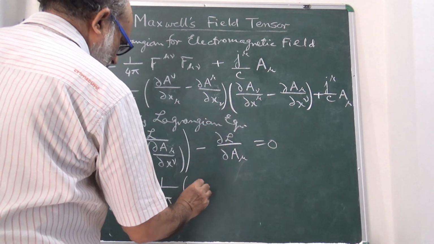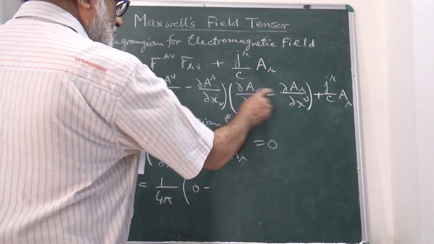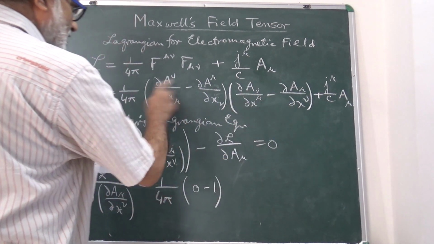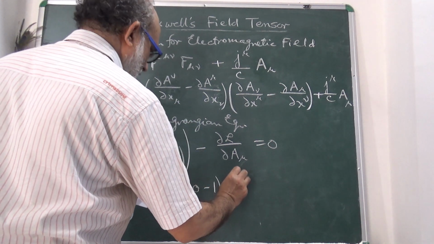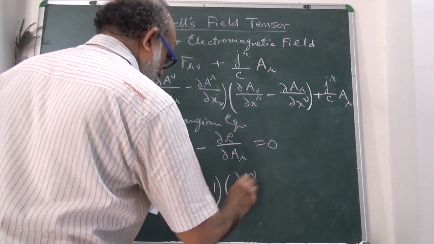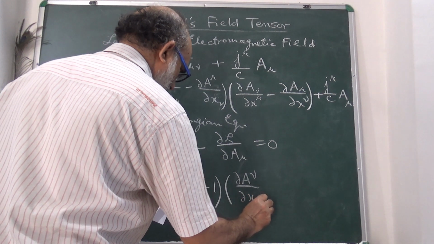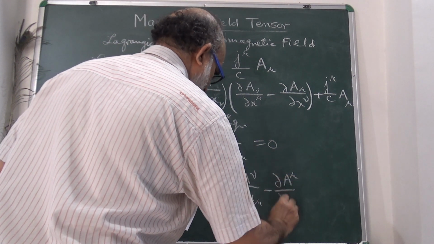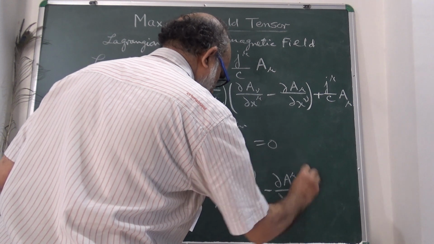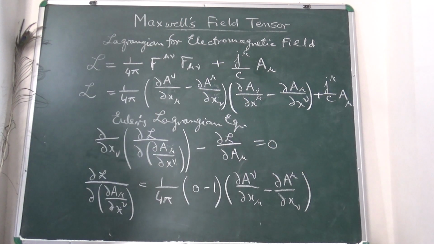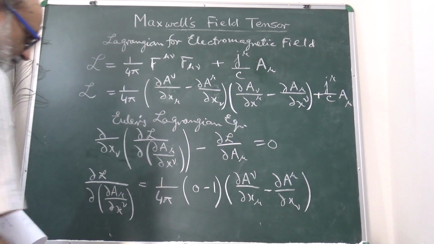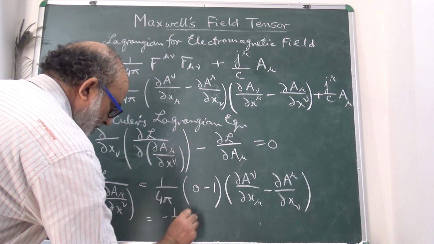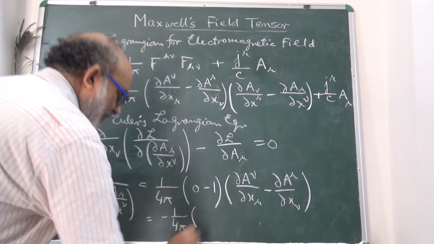This is 0. This is del A mu by del x mu, it will become 1, and this will remain as it is. It means you obtained minus 1 by 4 pi, this value.